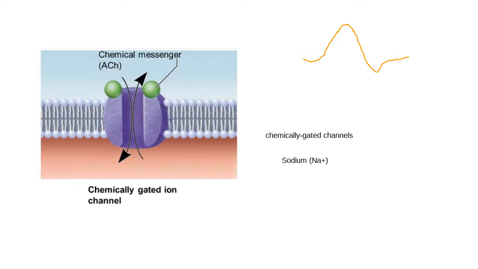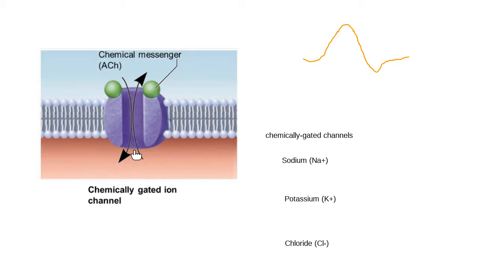We also, though, on a neuron's membrane, have chemically gated potassium channels, and we have chemically gated chloride channels. All 3 of these kinds of chemically gated channels look just like this. They have a place for chemicals to attach to them so that we can open up a space for ions to rush in or out.